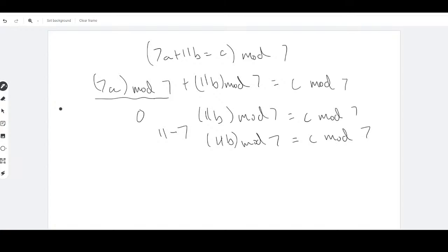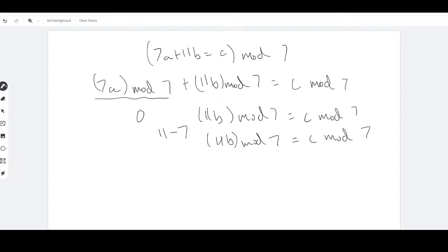So I took the mod 7 of 11, and mod 7 of 11 is going to be 4. I reduced the 11 down into 4 because I can also just take the mod 7 of anything that's being multiplied. If I reduce 11 down into 4, it makes the equation a little bit easier to work with. But you can also just work with the original 11b mod 7 is equal to c mod 7 if you wanted to.